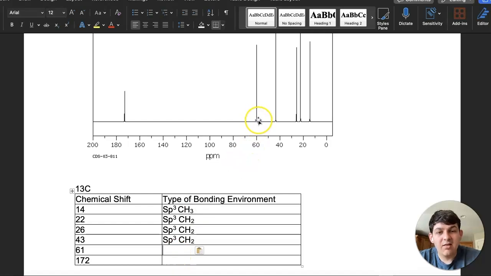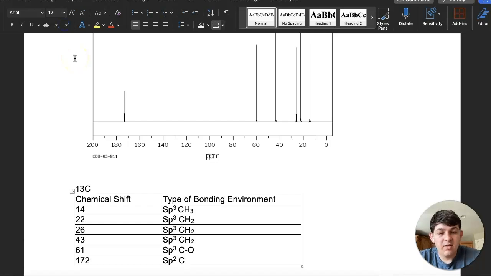And then lastly, at 61 on the downfield end, this is still an sp3, but this one is a C single bond O right there, which would be the one pulling that CH up. And then this one right here, all the way outfield, would be our C double bond O. And that one would be sp2 because it is past that point.